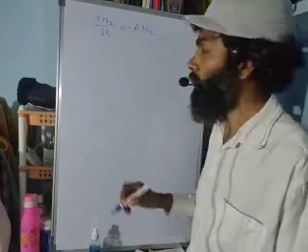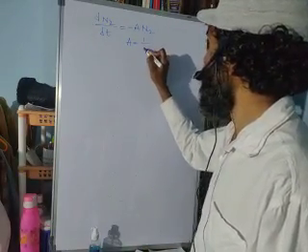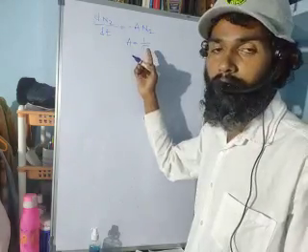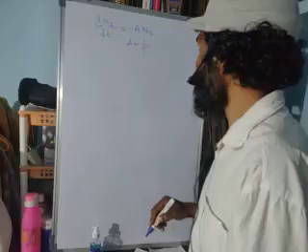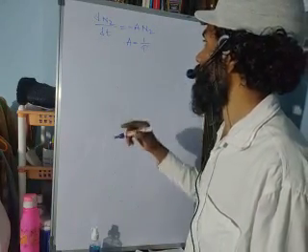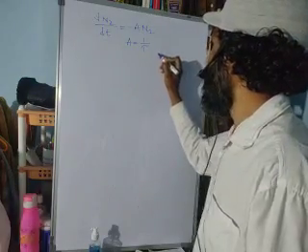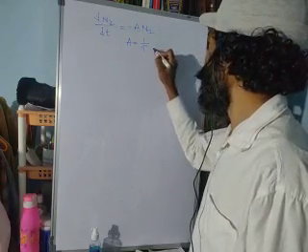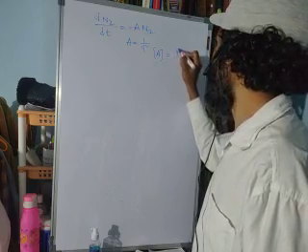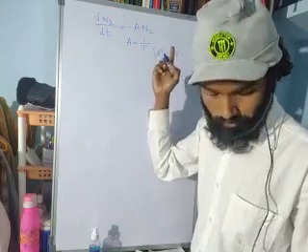Now instead of A, we write 1 by tau, which is the characteristic lifetime of level number 2. The dimensional formula for time is T, and the dimensional formula for the A coefficient should simply be T power minus 1. This is the dimensional formula for Einstein's A coefficient.